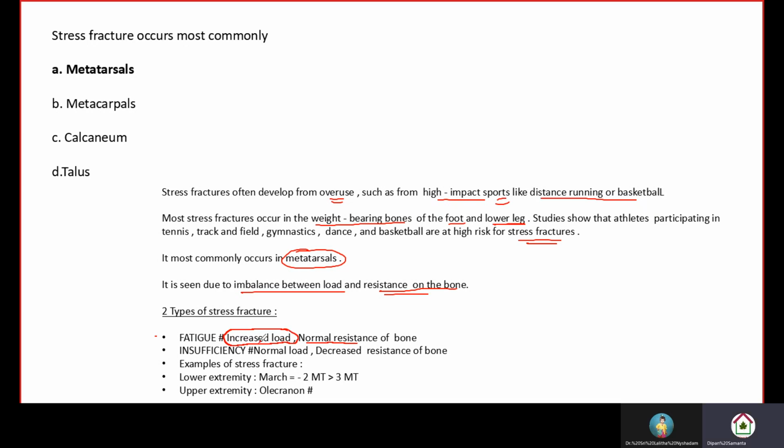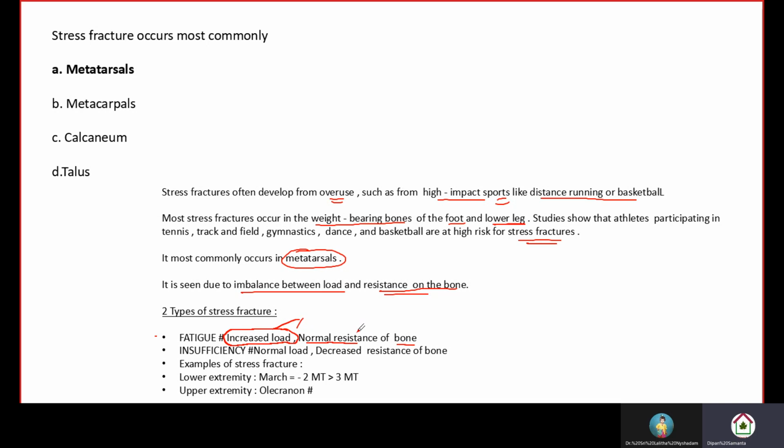Load is abnormally high, that is why there will be a stress fracture. The load is abnormally high, but the resistance of the bone is normal.